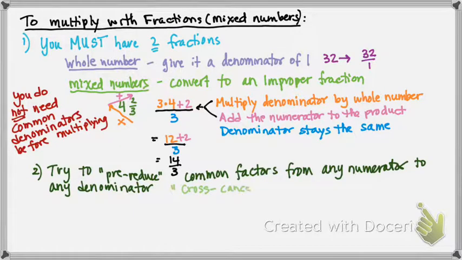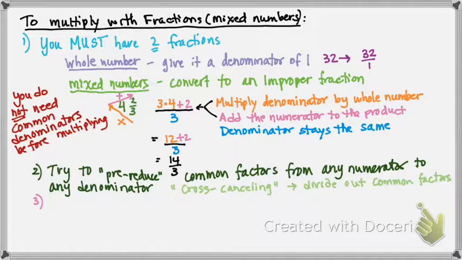So again, all it is, you're going to divide out common factors. Okay, so that's going to happen when we work through this process. And again, any numerator to any denominator. Once you've done that, and I'm going to tell you that if you just choose not to do that step first, that's okay, but you're going to have to remember always at the end to do it.